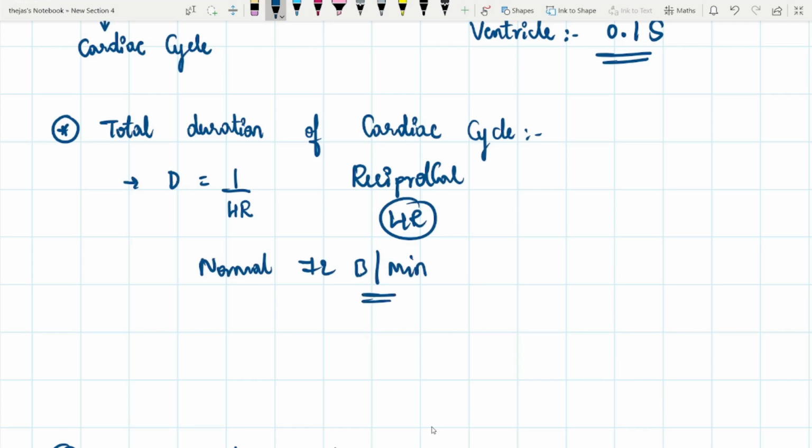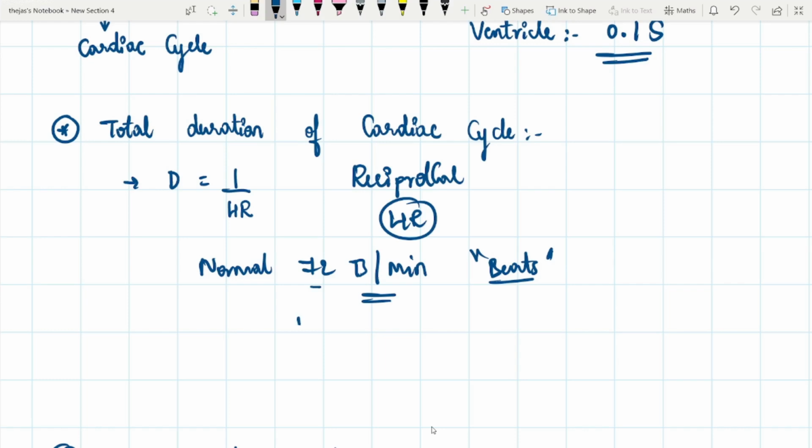See what I'm mentioning: beats per minute. Remember this word, beats. The entire cardiac cycle is the events that take place in one beat of the heart, right? So the events of that one beat are called the cardiac cycle. Keep this unit, beats per minute, in mind: 72 beats per minute.